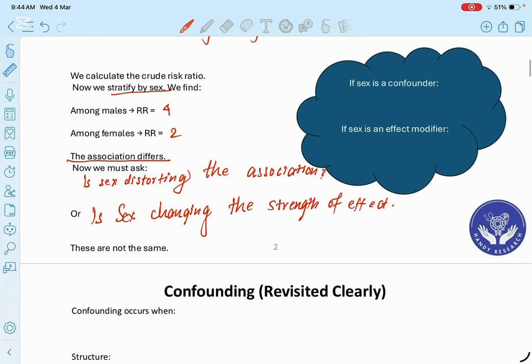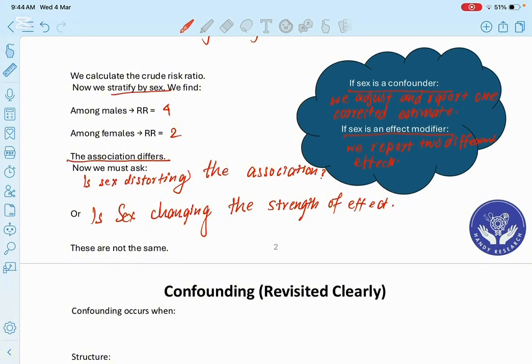They are not the same. If sex is a confounder, we adjust for it and report one corrected estimate. But if sex is an effect modifier, we report two different effects. Okay, we describe it, and that decision changes the interpretation completely.